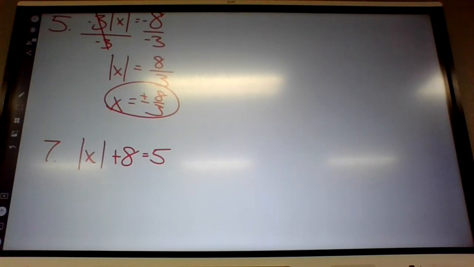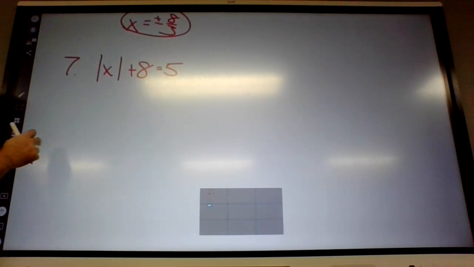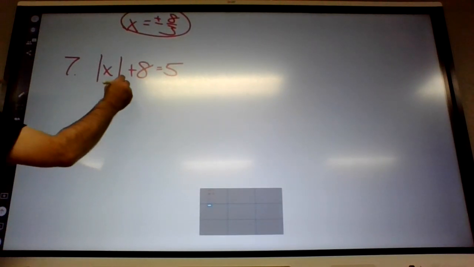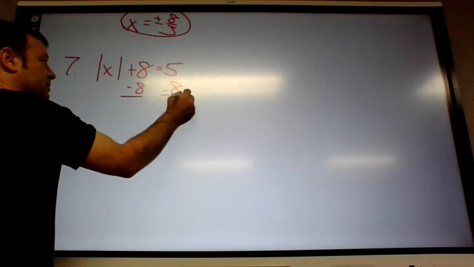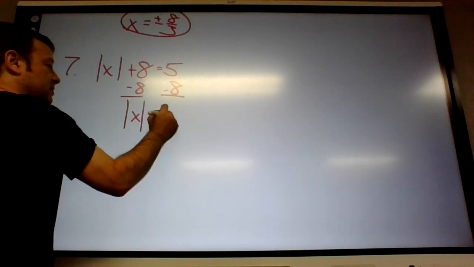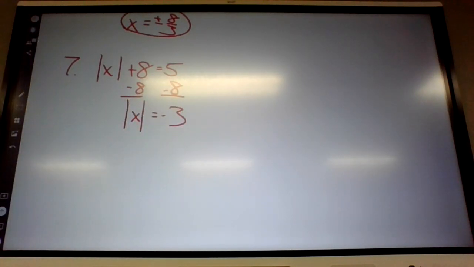Okay, let's go Bo. What do you think we should do first on number 7? Subtract 8 from both sides. And that would be x is, x would be plus or minus 3.